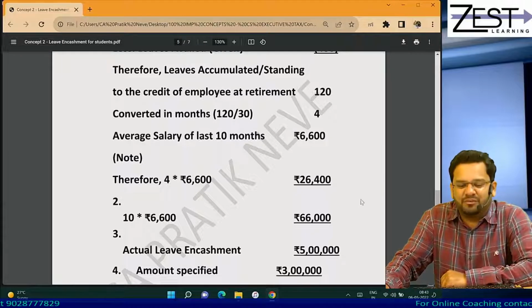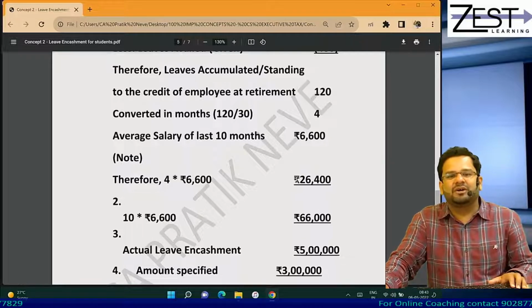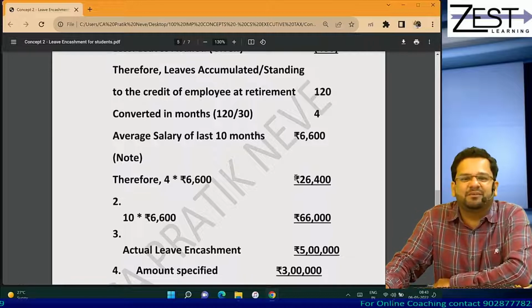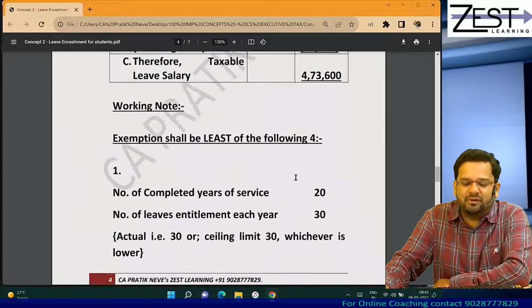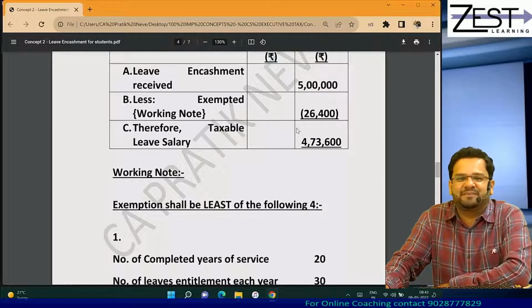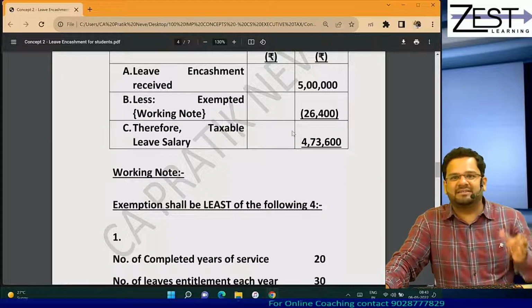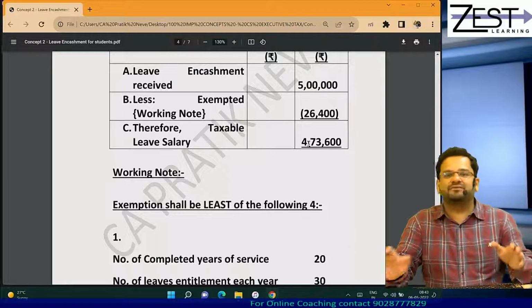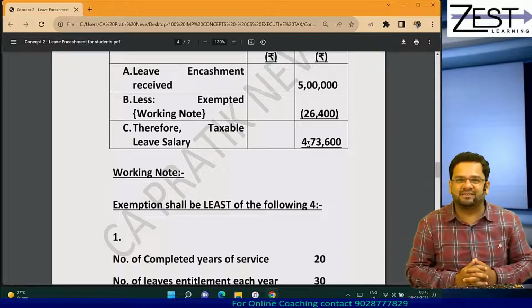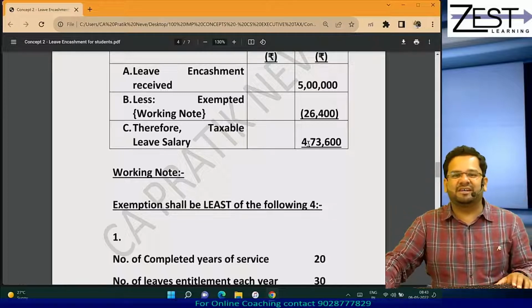So exempt will be 26,400. Very good. So taxable finally will be 5 lakh rupees which you have received minus 26,400. I hope you have understood the concept, and here the taxable figure finally is 4,73,600.